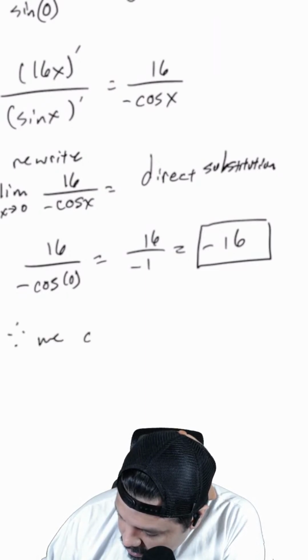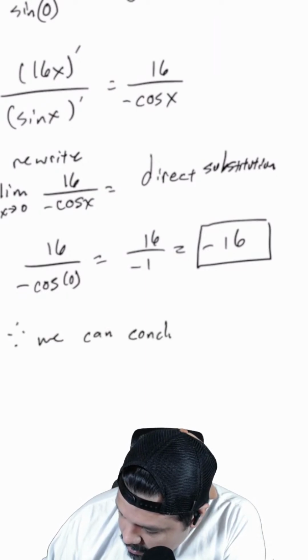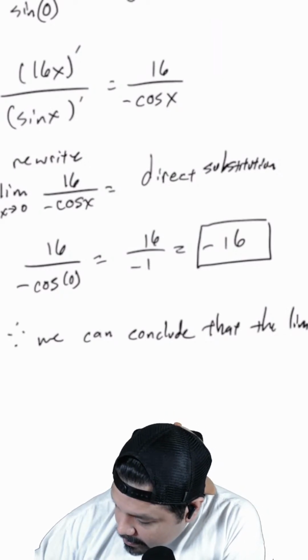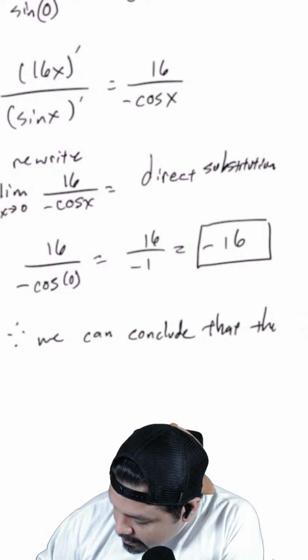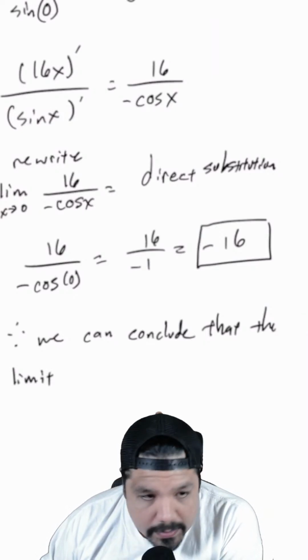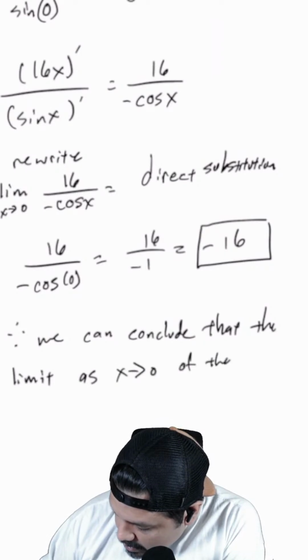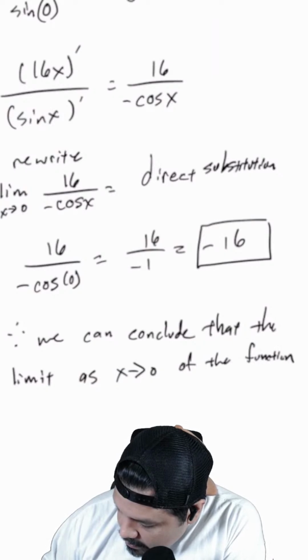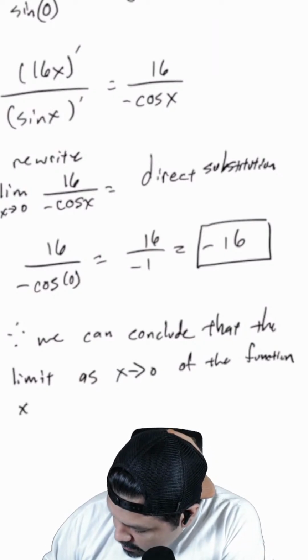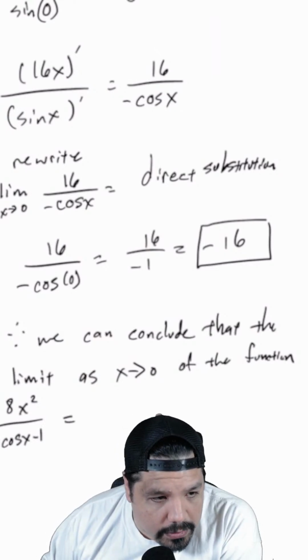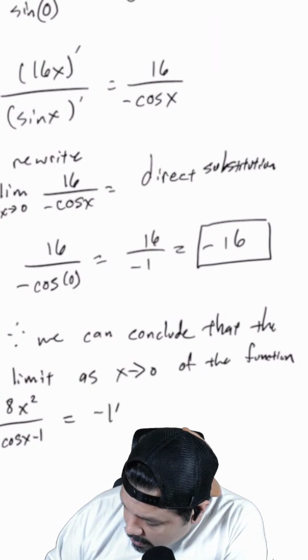Therefore, we can conclude that the limit as x approaches 0 of the function 8x squared over cosine x minus 1 is equal to negative 16.